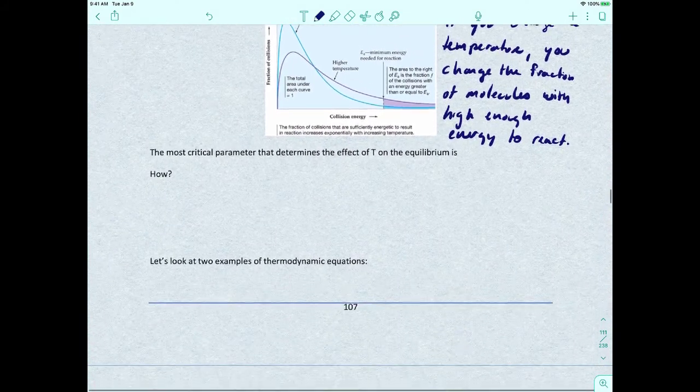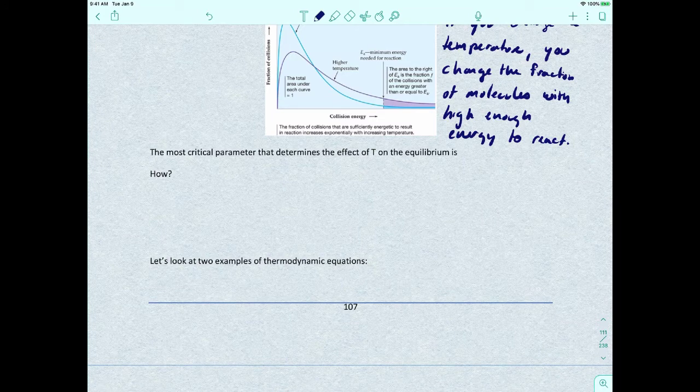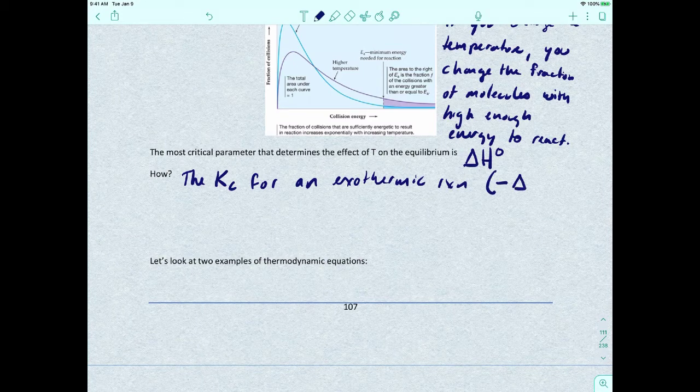Okay. Now, the most critical parameter that determines the effect of temperature on equilibrium is actually our friend from Gen Chem 1, the change in enthalpy of the reaction. How is that so? Well, it turns out that the equilibrium constant for an exothermic reaction, and remember, exothermic means that the enthalpy is going to be negative, decreases as the temperature increases.